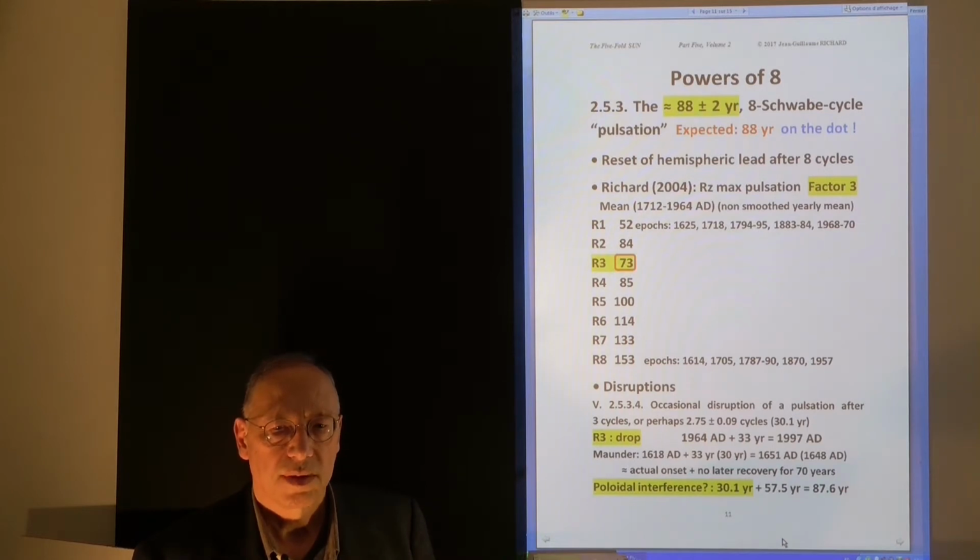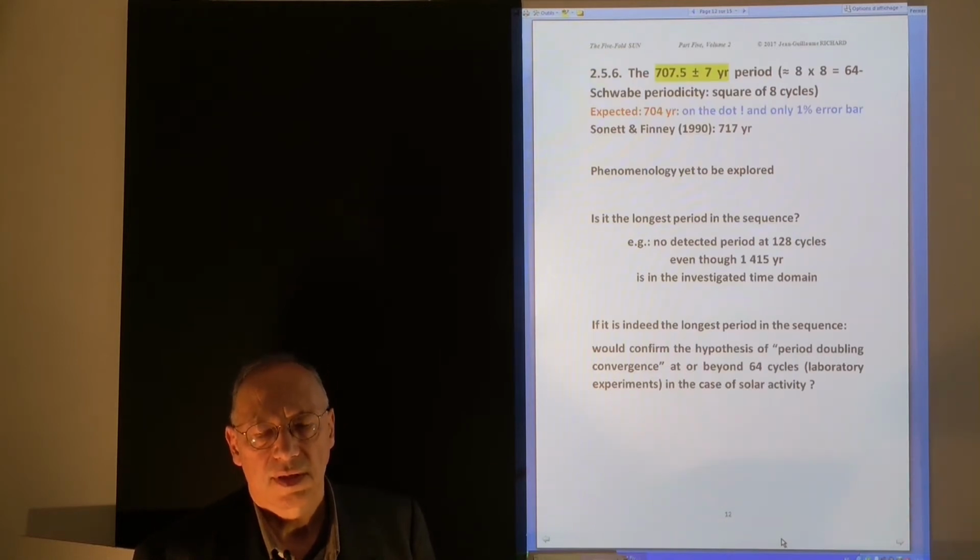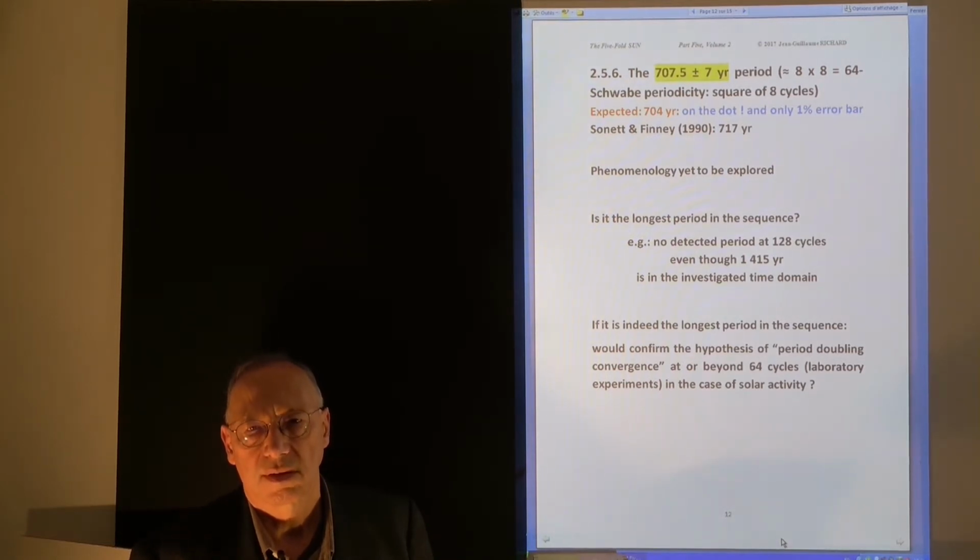Perhaps we are now in such a situation with the current pulsation having started at the minimum of 1964. As for the longest detected period in this period doubling sequence, 707 years, it is also very much on the dot, as almost exactly 64 cycles. It corresponds to the square of 8 as the integral multiple.